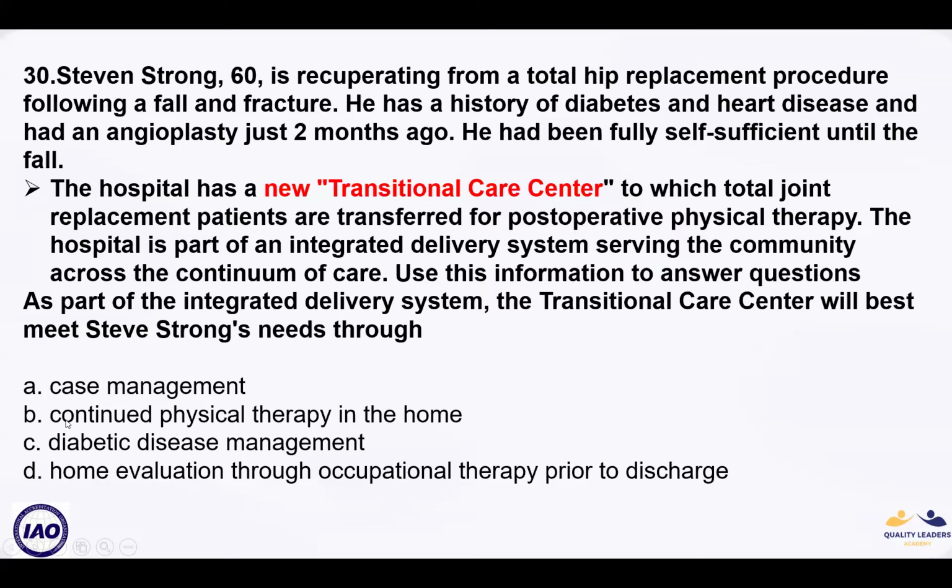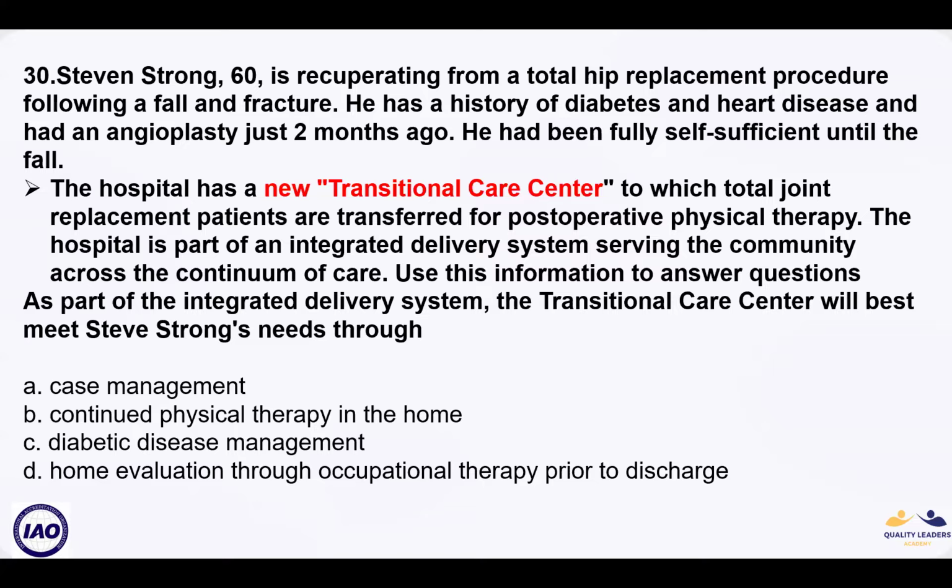Option A, case management. Option B, continued physical therapy at home. Option C, diabetic disease management or home evaluation through occupational therapy prior to discharge. Basically, the question is asking, as part of IDS, transitional care center will meet Steve Strong's needs through which type of care?